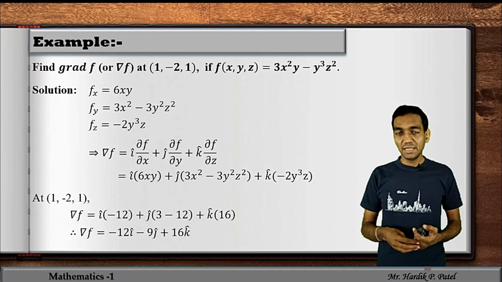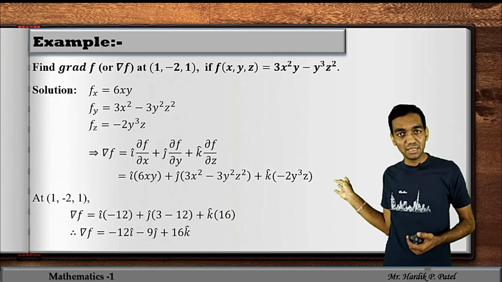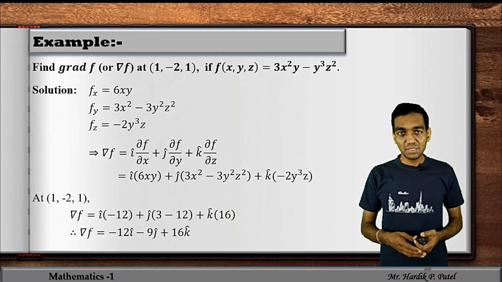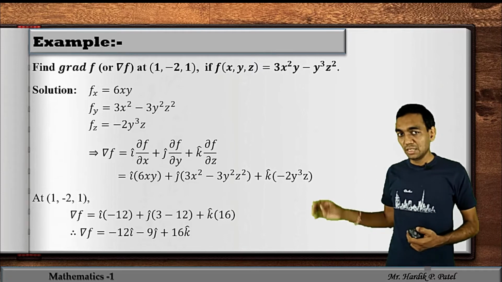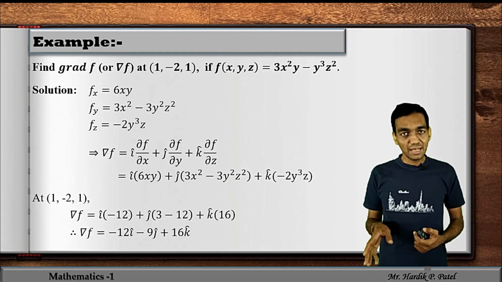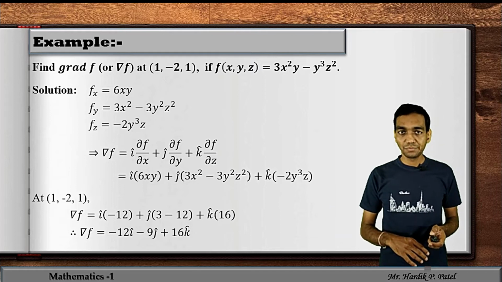If you simplify it, you will have i into minus 12 plus j into (3 minus 12) plus k into 16. And after simplification, you will have grad f at the point P is minus 12i minus 9j plus 16k.